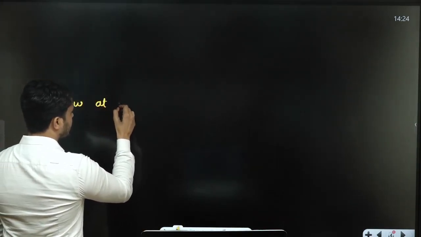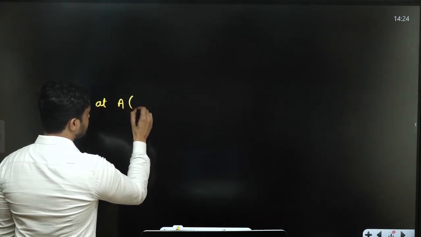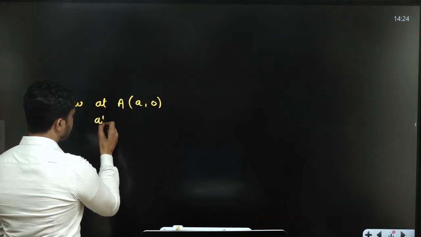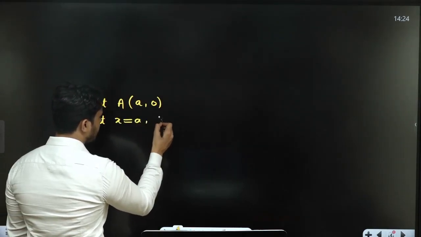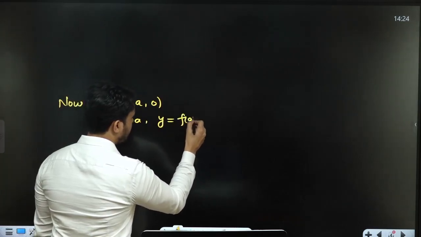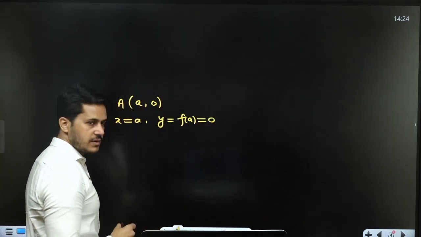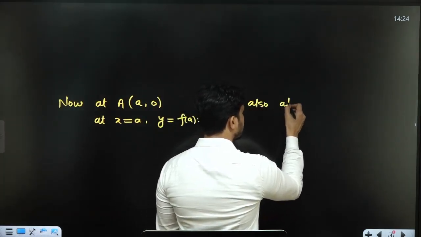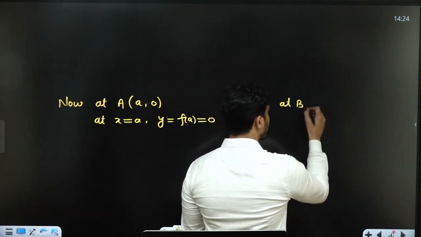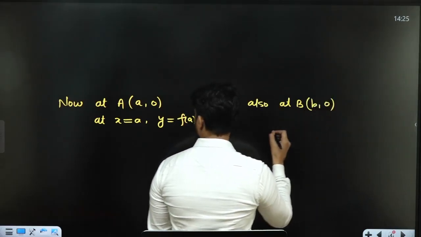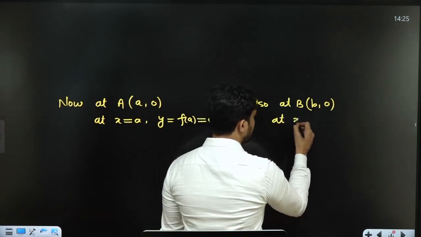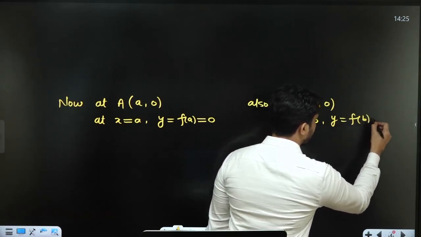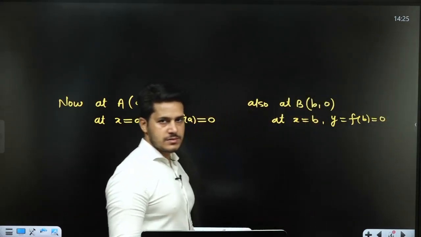at capital A, which is a comma 0, at x equal to a, y equal to f of a, which is equal to 0. Also at the point b, which is b comma 0, at x equal to b, y is equal to f of b, which is equal to 0.